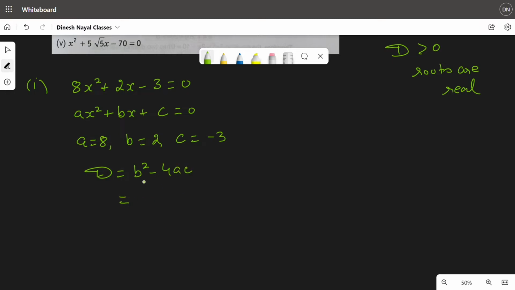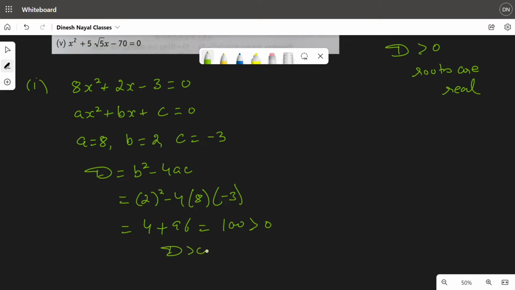So b square is 2 square, minus 4, a is 8, and c is minus 3. The minus sign will become positive. 4 8s are 32, 32 into 3 is 96. This will be 4 plus 96, which equals 100. And this is greater than 0. Hence they have real roots.